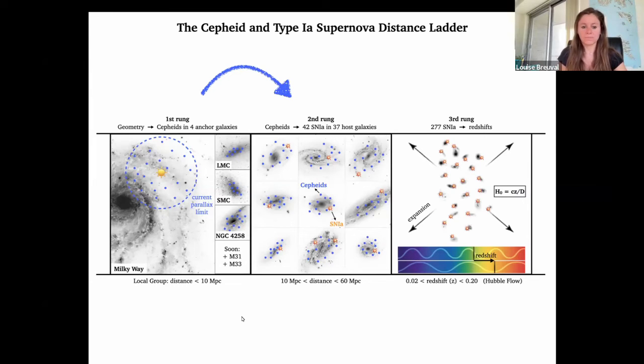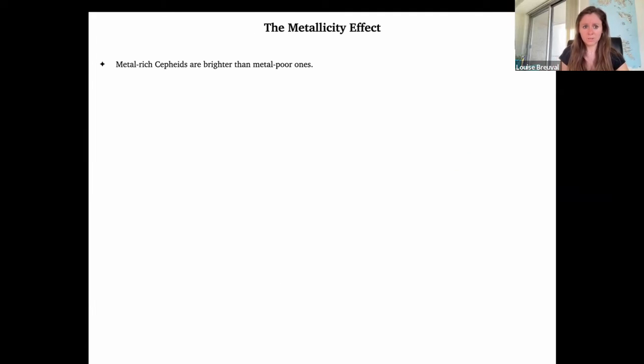For the Cepheids, one of these differences is the metallicity, because we know the Milky Way and supernovae host galaxies here are quite similar in terms of metallicity. However, the LMC and the SMC in particular are way more metal poor. And so why is this important? Well, it's because metal-rich Cepheids are brighter than metal-poor ones.